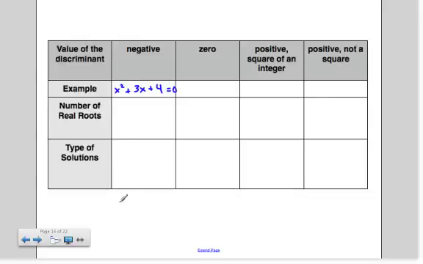I'll show you. We've got b squared, 3 squared, minus 4 times 1 times 4. That equals 9 minus 16, which is negative 7. So this is clearly a negative discriminant.